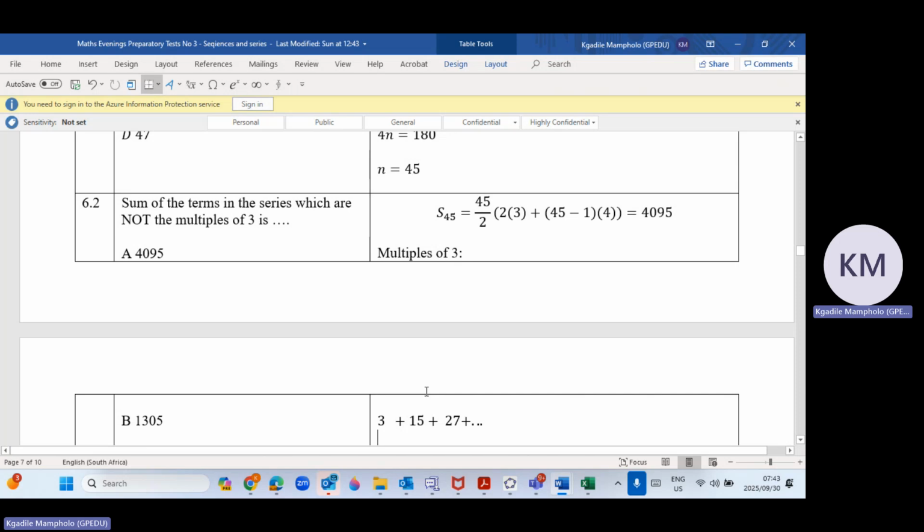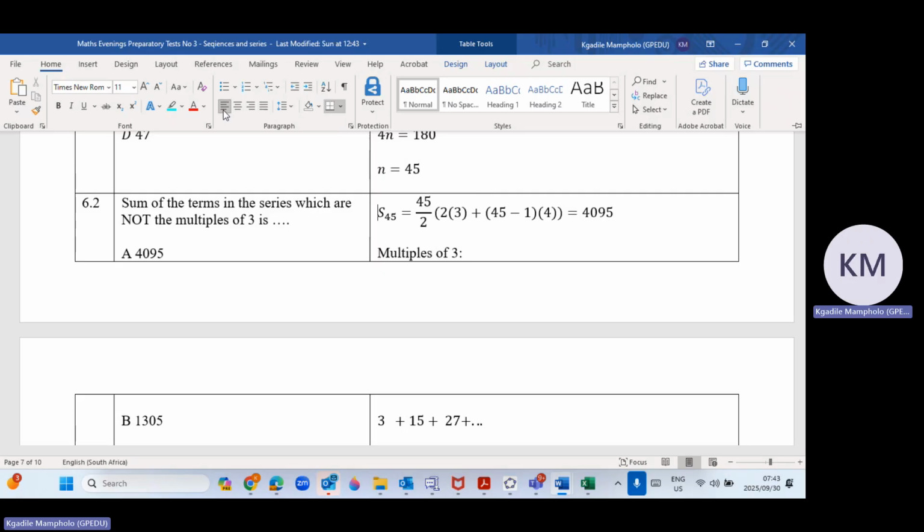The sum of the terms in the series which are not multiples of 3 is... Remember, I'm not saying the sum of the terms which are multiples of 3. I'm saying the sum of terms which are not multiples of 3 in the sequence.